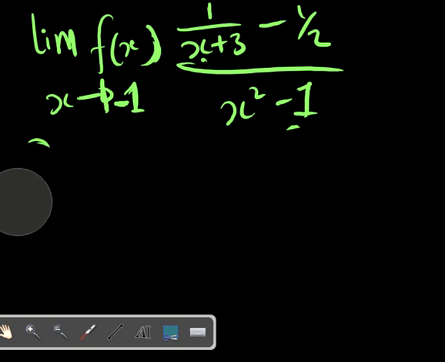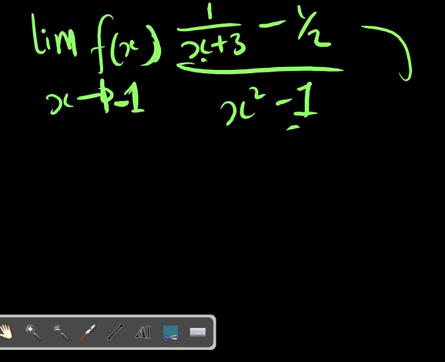Now this expression contains a complex numerator. We can clearly see that there's 1 over x plus 3 minus 1 over 2. We can simplify that by multiplying the top and the bottom by the LCM of the denominators. Now, let's simplify.